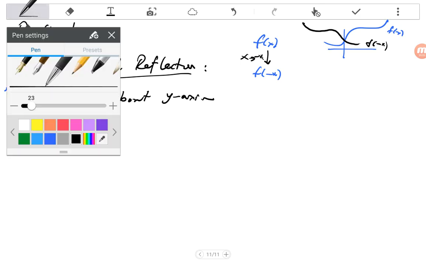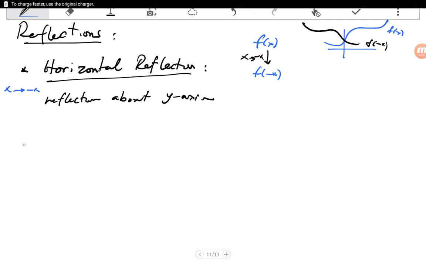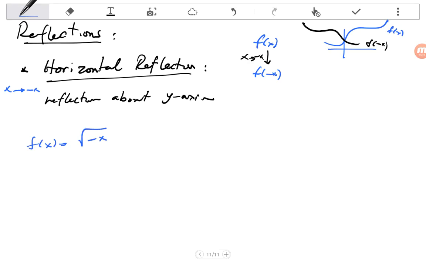So for example, if I told you please graph the function f of x which is equal to root negative x. First, does that function root negative x exist?